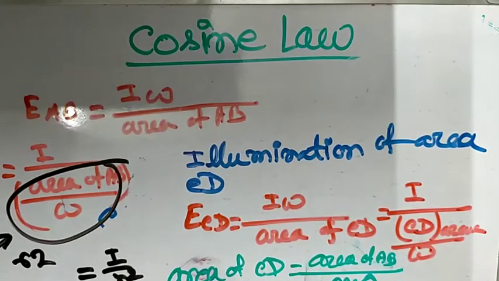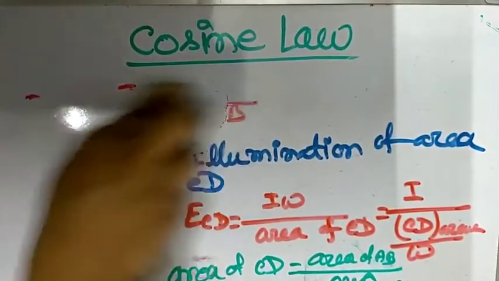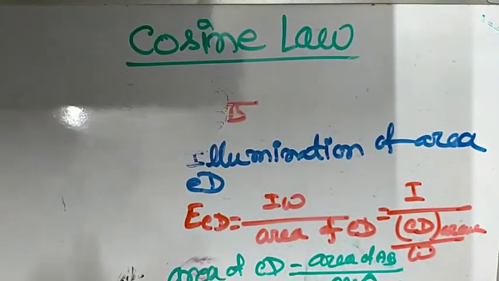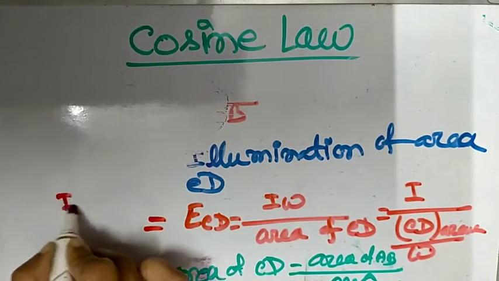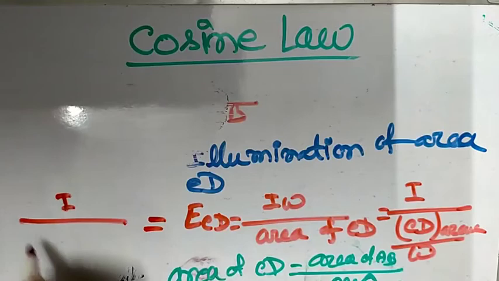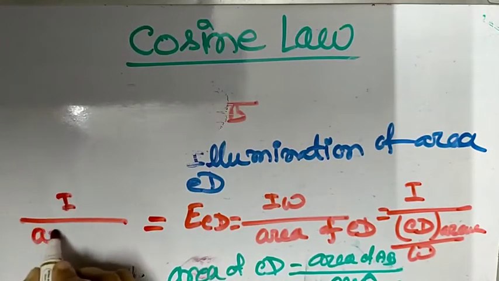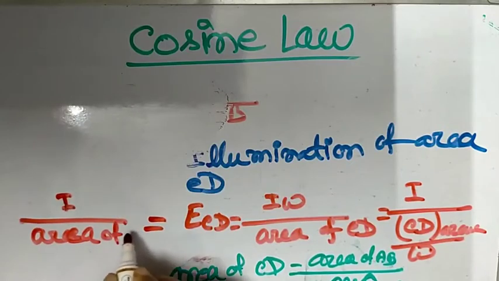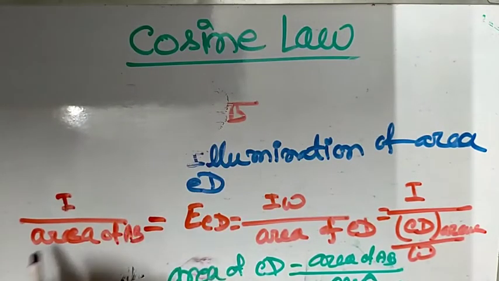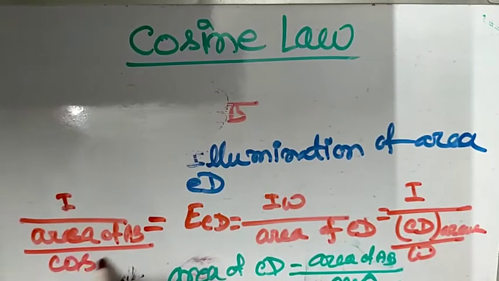Okay, now this is equals to, so we can write E_CD is equals to I by area of AB by cos theta into omega.